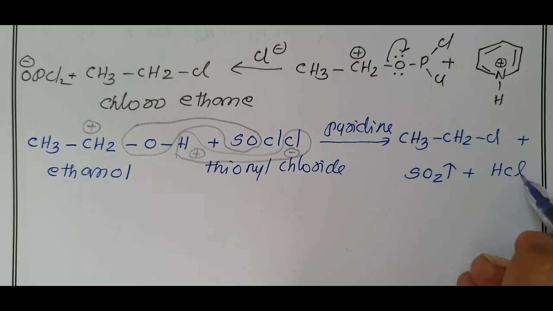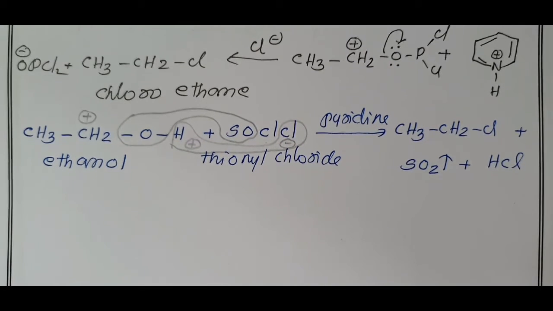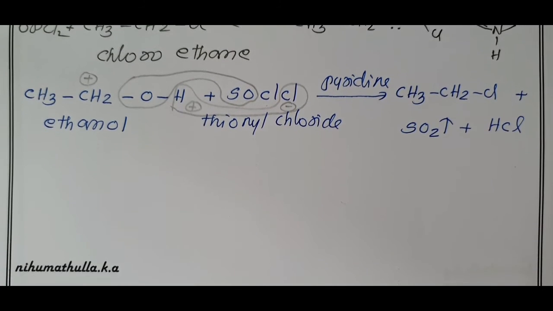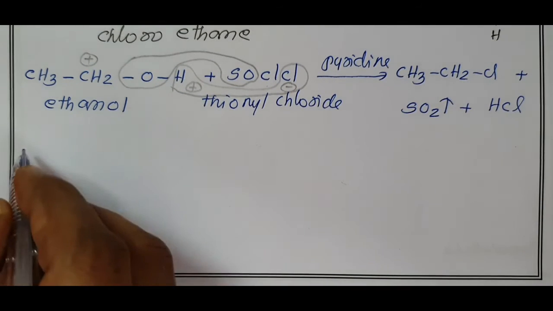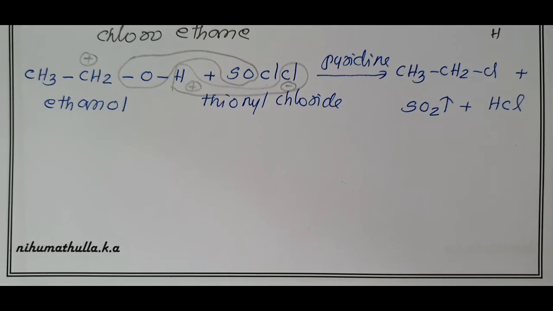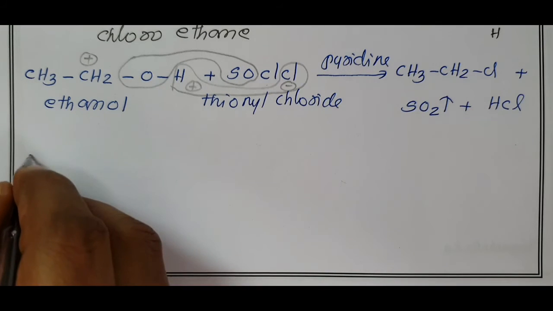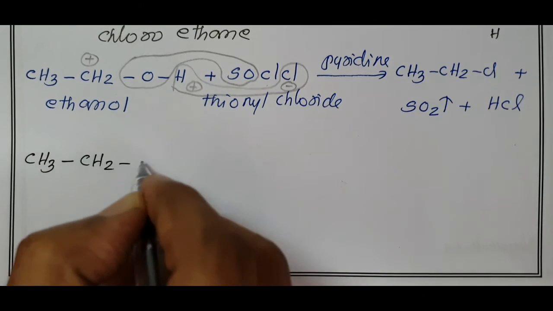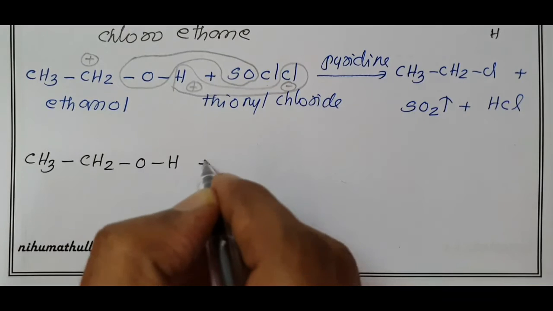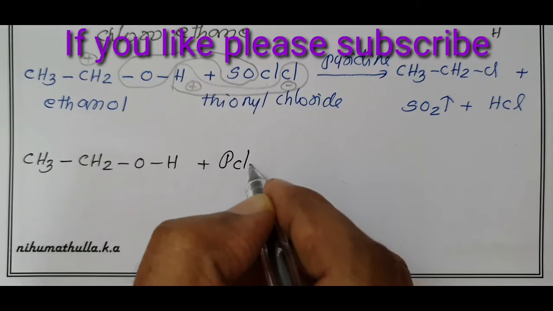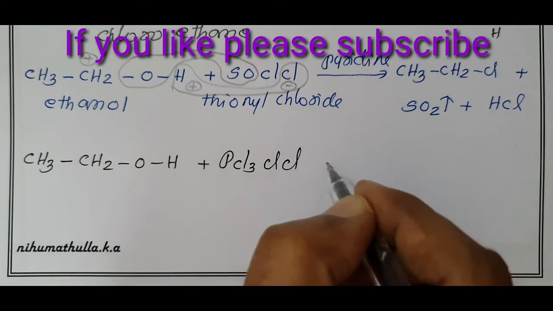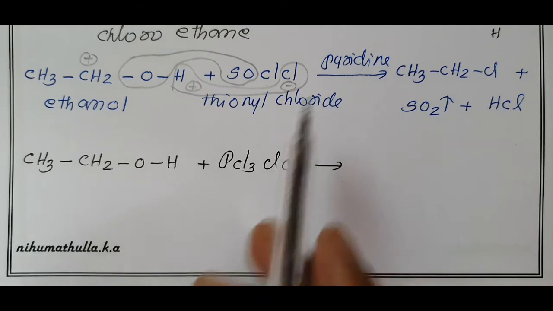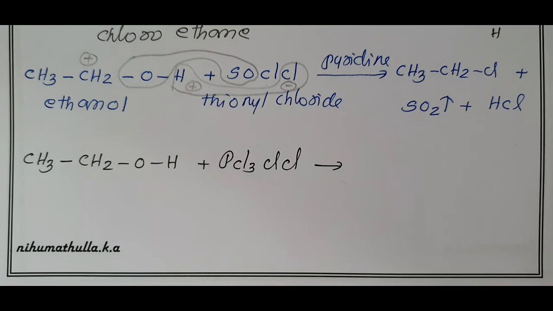One more reaction under this nucleophilic substitution reaction, with phosphorus pentachloride. Ethyl alcohol, CH3CH2OH, when treated with phosphorus pentachloride, PCl5. In the above reaction, this HCl is removed by using the pyridine. What happens here?